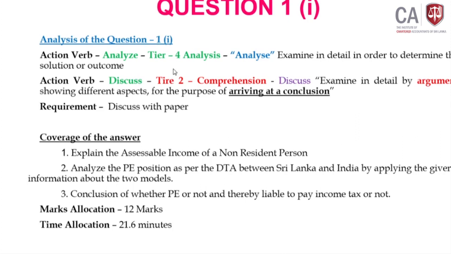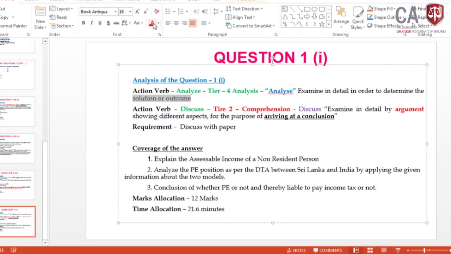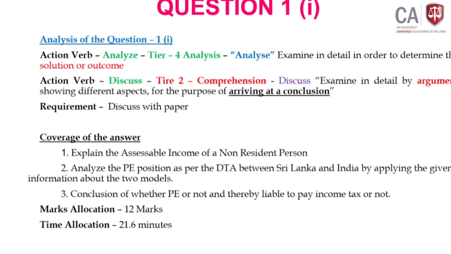What is the meaning of analysis? Examine in detail in order to determine the solution or outcome. That means you have to provide a conclusion on your decision. You have to tell whether this is a PE or not, whether this is liable to income tax or not. The recommendation you should provide.